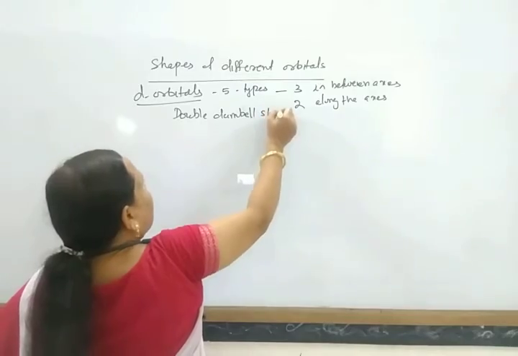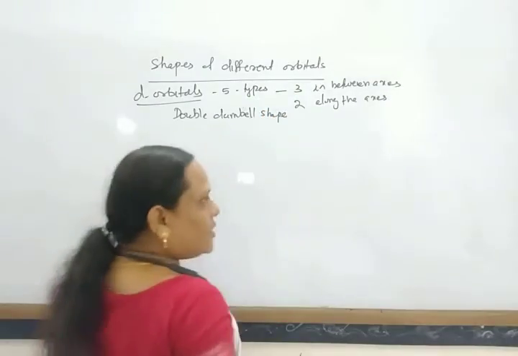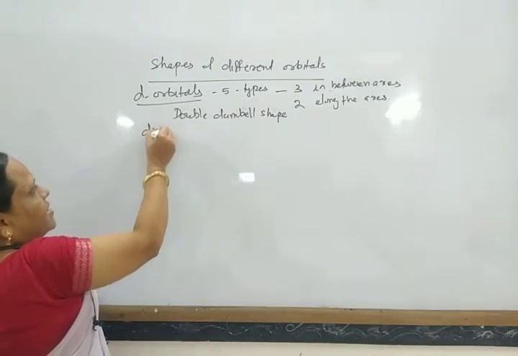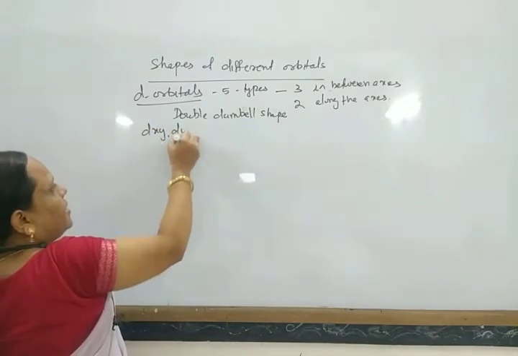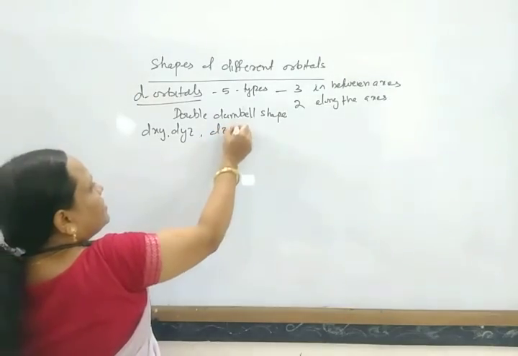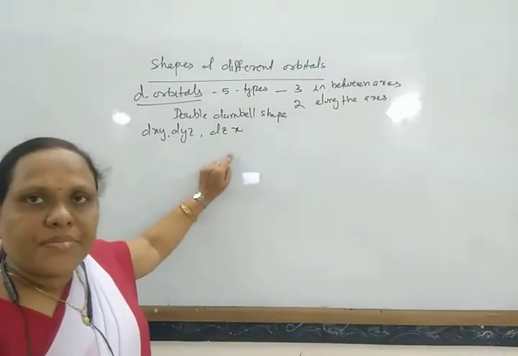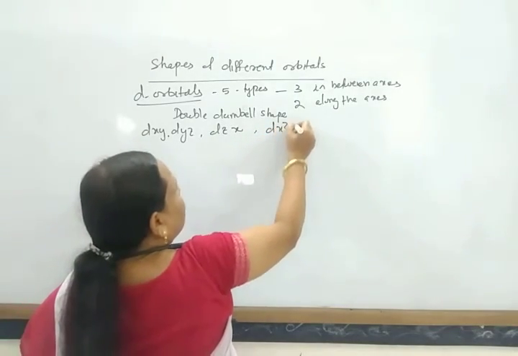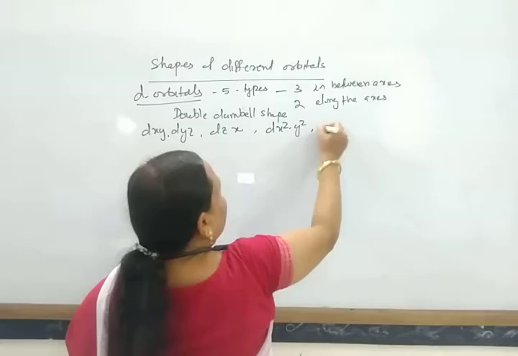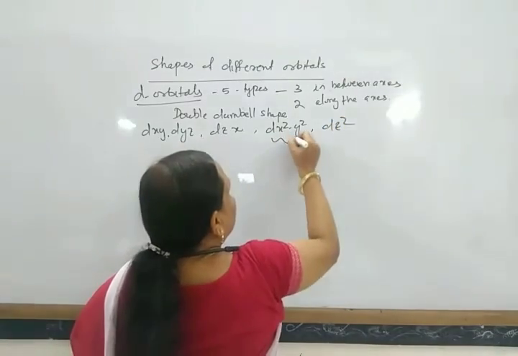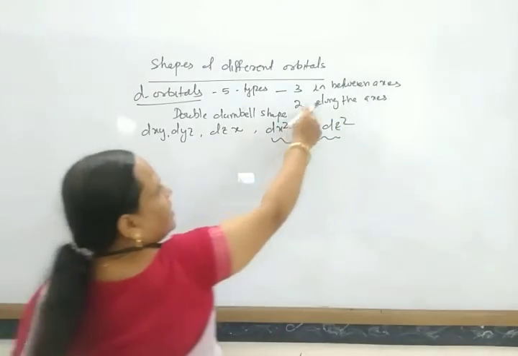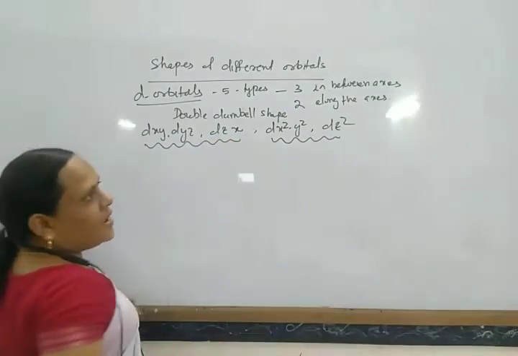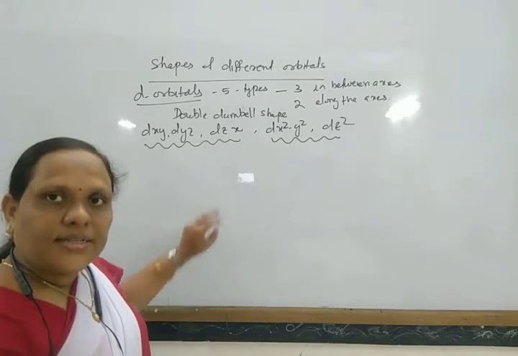These are generally dxy, dyz, dzx, which remain in between the axes, and dx square minus y square and dz square, which remain along the axes.